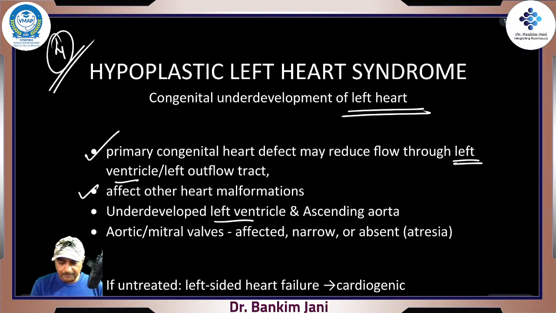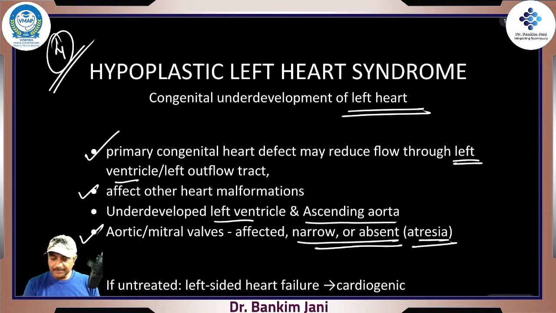Underdeveloped left ventricle. If the left ventricle is underdeveloped, the ascending aorta has no class, because when the left ventricle is so weak, only a small amount of blood is going, so it will also not develop. Aortic and mitral valves are affected, narrow or absent, which is called atresia.